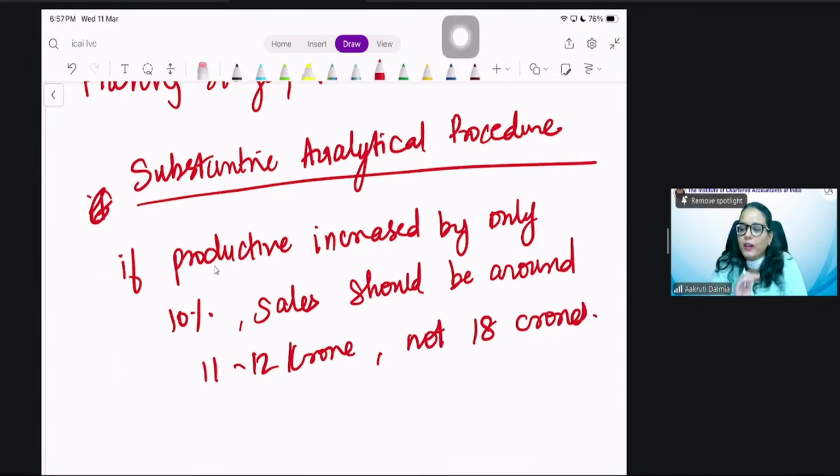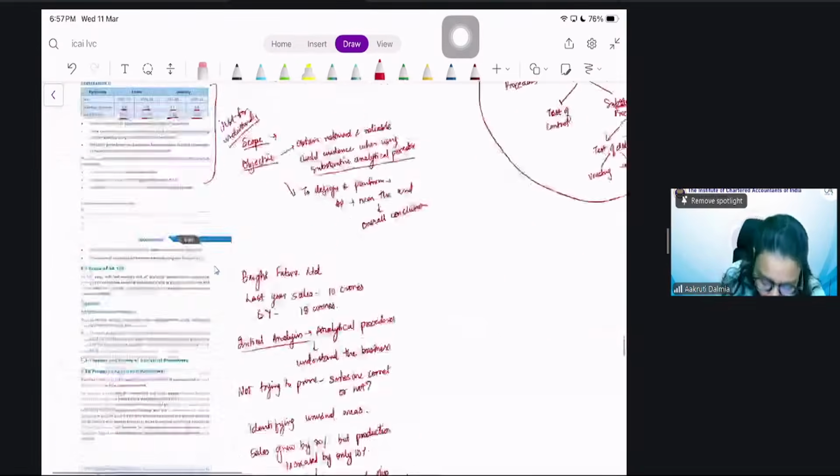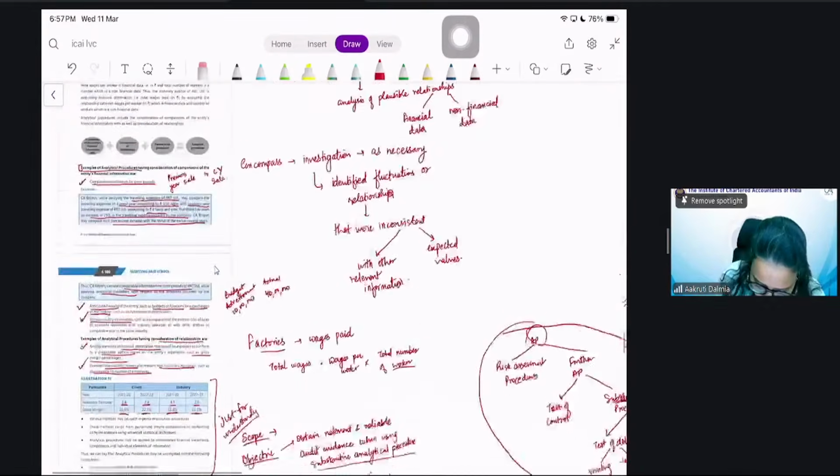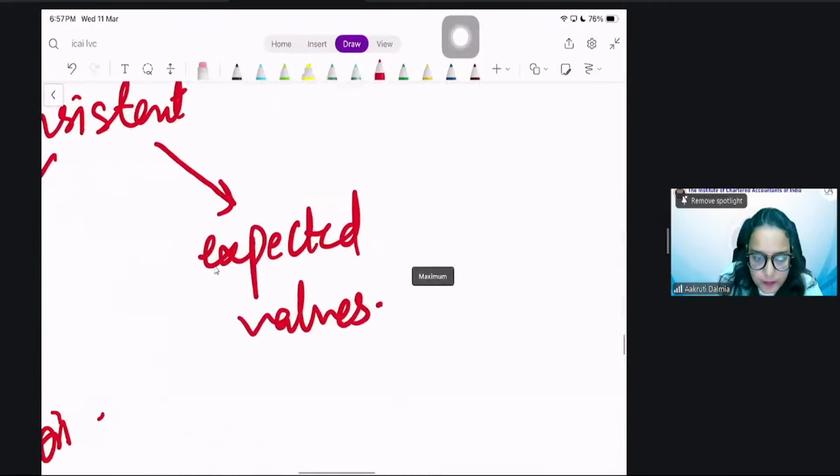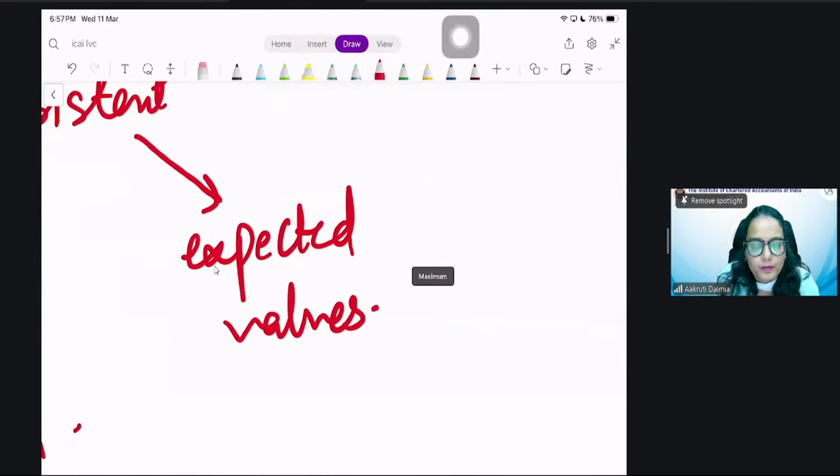What did I just develop right now? Go back to the definition. What did I just develop? I developed an expected value.